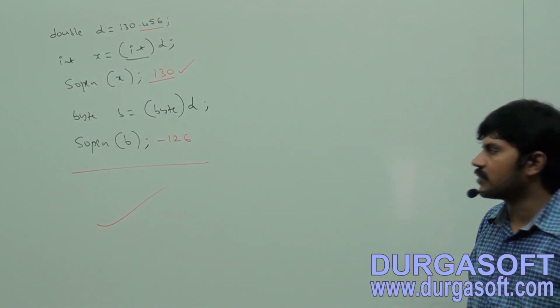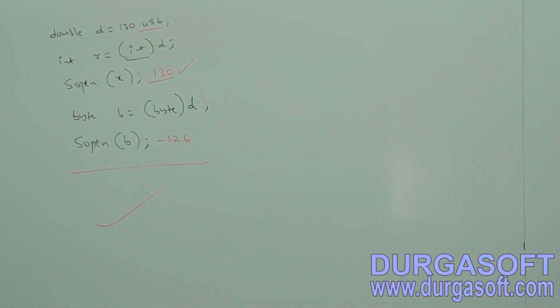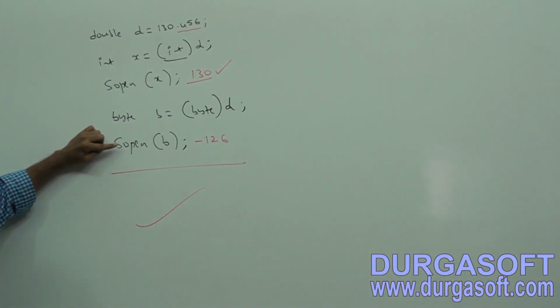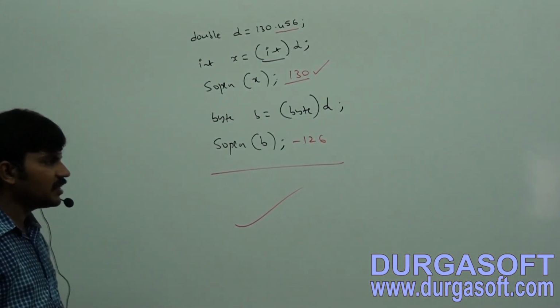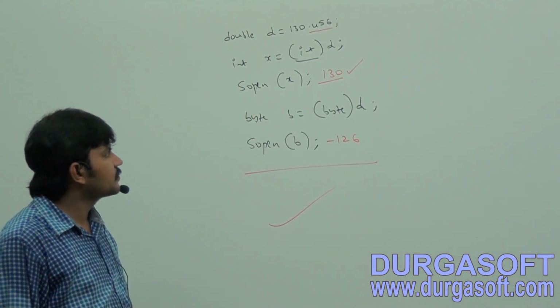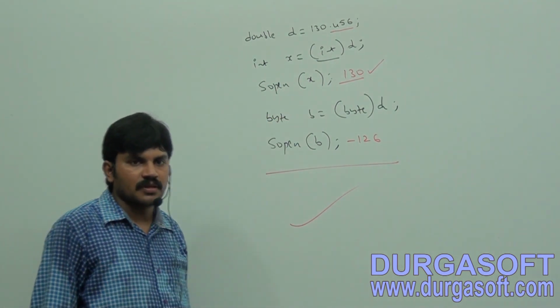So the answer is 130. Next, byte B is equal to byte of D, SOP of B. The answer is minus 126. Clear, right? 130 becomes minus 126, that's all.